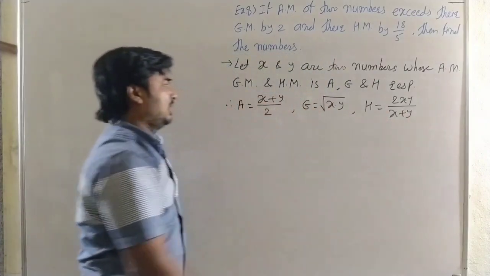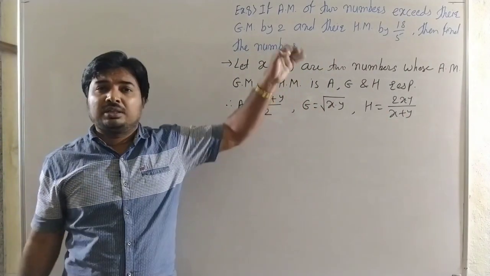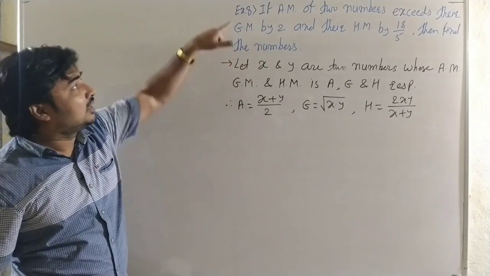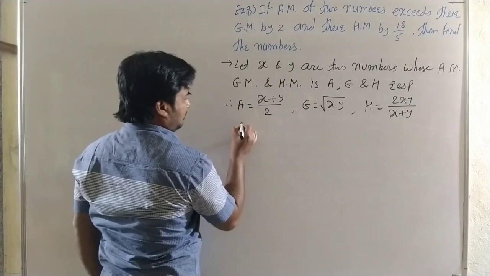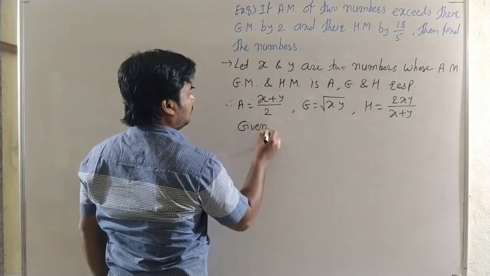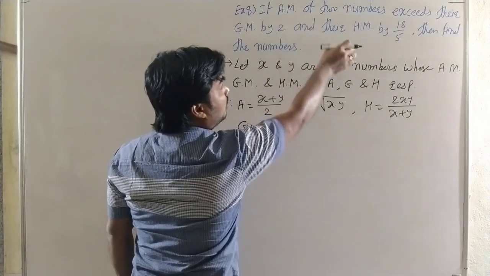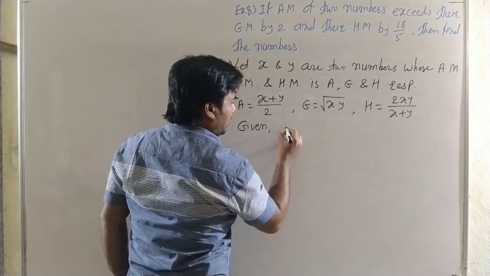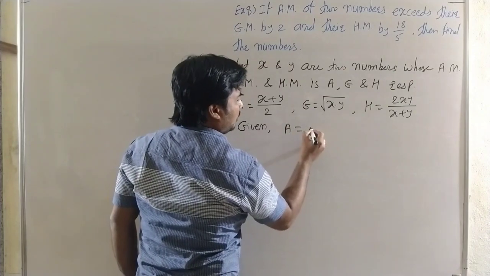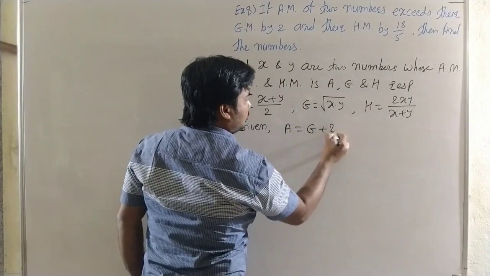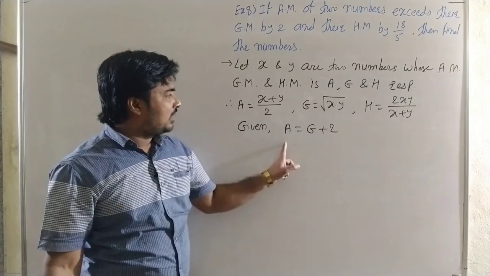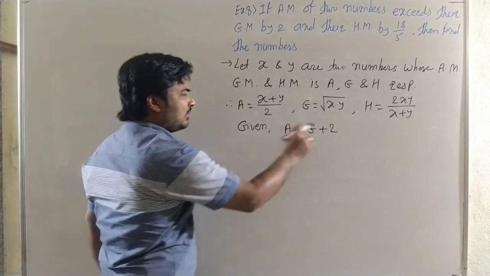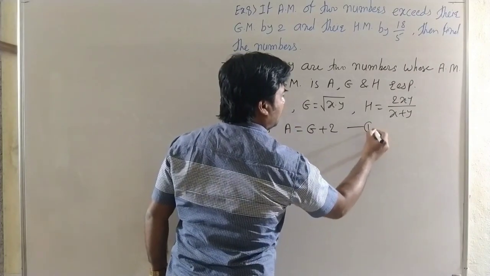We know the definitions of arithmetic mean, geometric mean and harmonic mean from the previous lectures. Now the given conditions: the arithmetic mean of two numbers exceeds their geometric mean by 2, therefore a is equal to g plus 2. This is equation number 1.